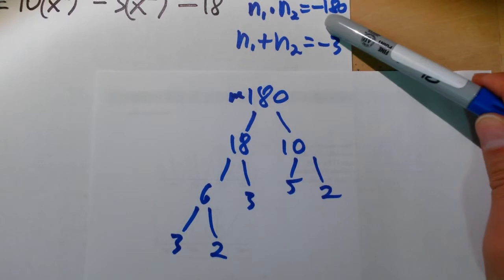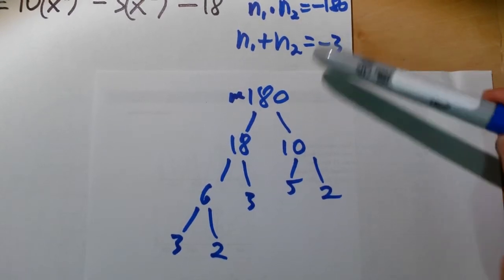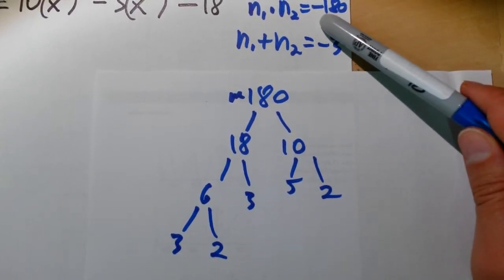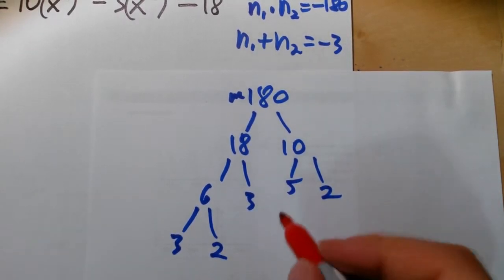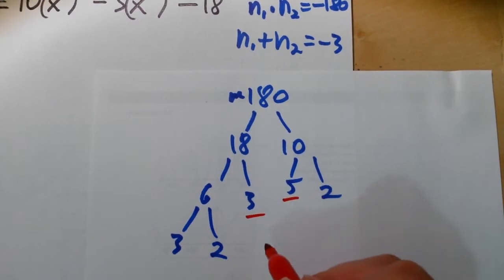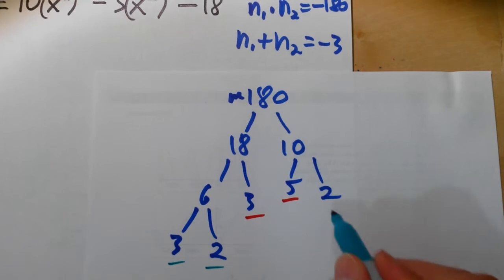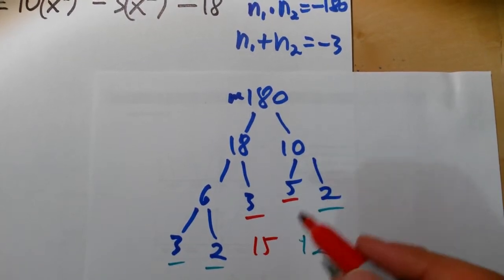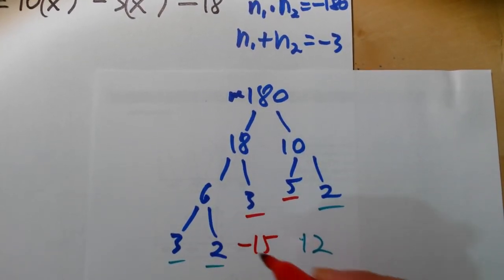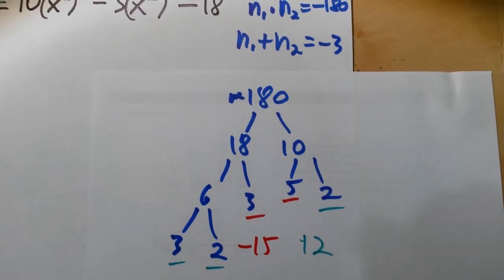We know that the product will have to be negative, so both numbers will have to have different signs. So yes, that would work. The 12 and the 15. Now we need to get negative 3, so it's going to be negative 15 plus 12.